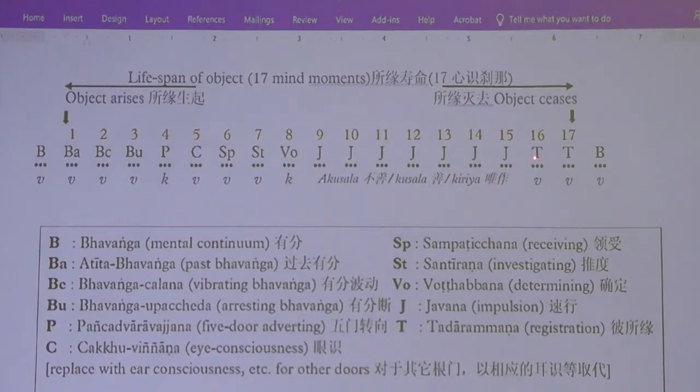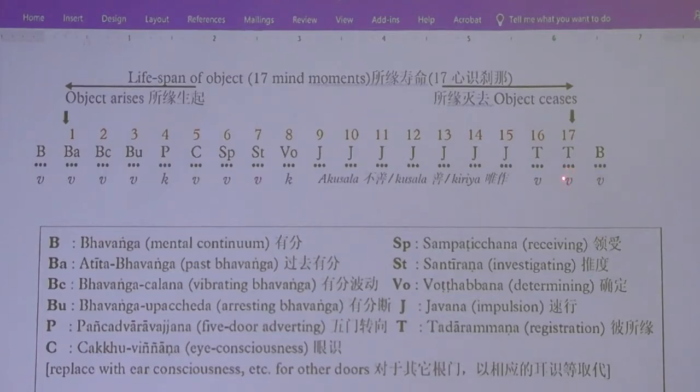After that, the registration mind, Tadarammana, arises. This is what we call the Ati Mahantarammana process, the process of the very large object.